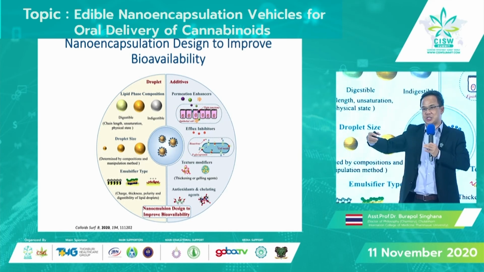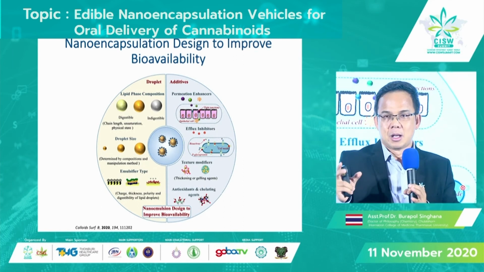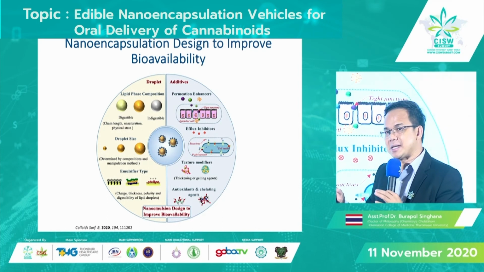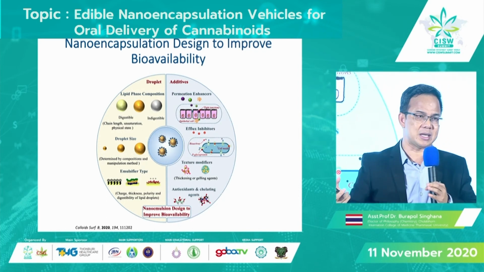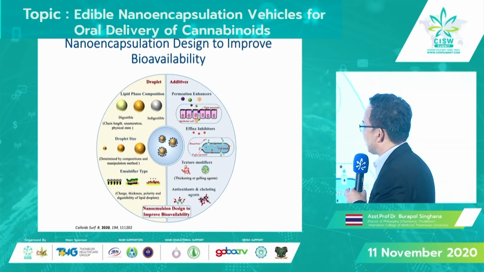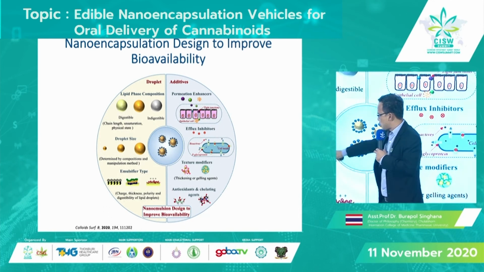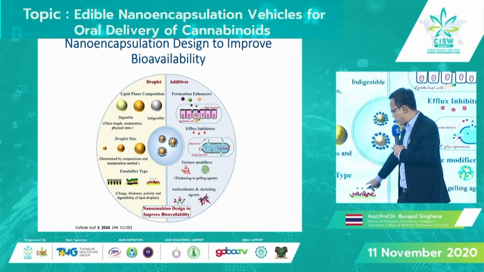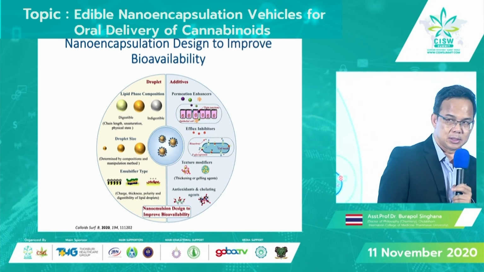If you use short chain lipid, you get low percent EE, or low percent loading capacity. But if you use longer chain, you can get higher percent EE. Also consider saturation, meaning how many double bonds, and physical state. You can tune the size depending on your application, and you have to pick what emulsifier to stabilize your particle.